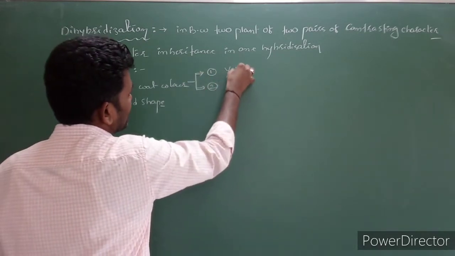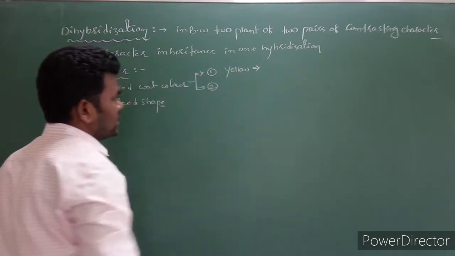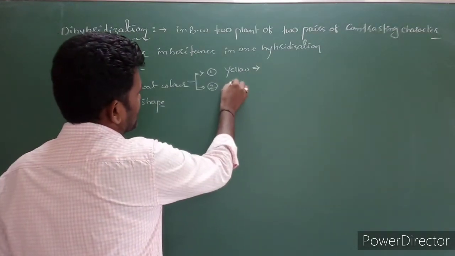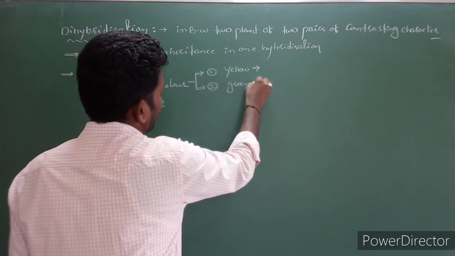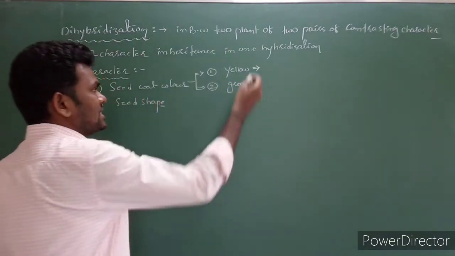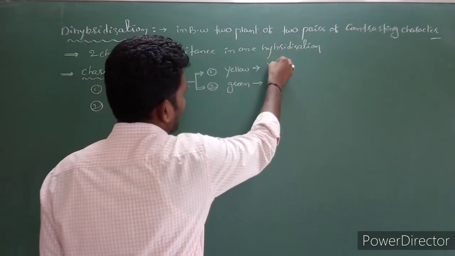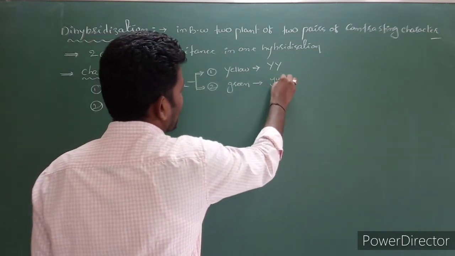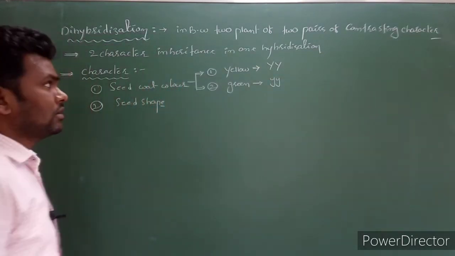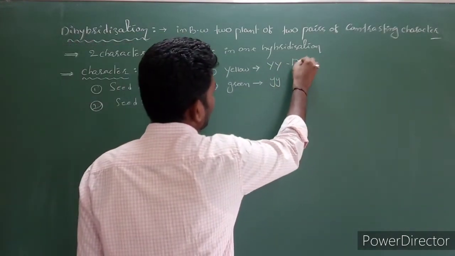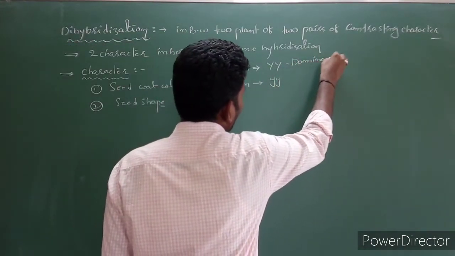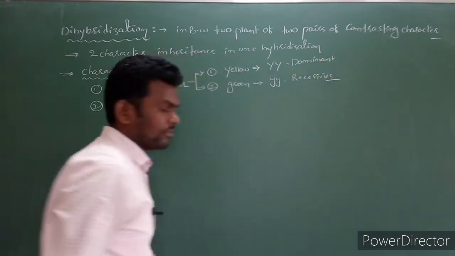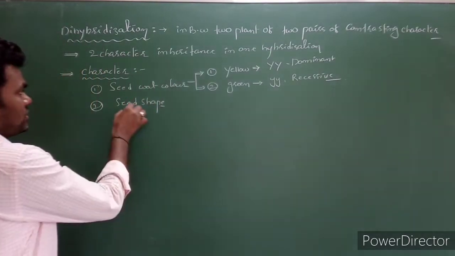Yellow color is dominant, and the opposite character is green, which is recessive. Let's indicate the alleles: capital Y for yellow, and green is small y. This is the dominant and this is the recessive character.